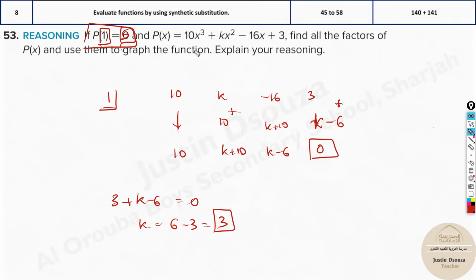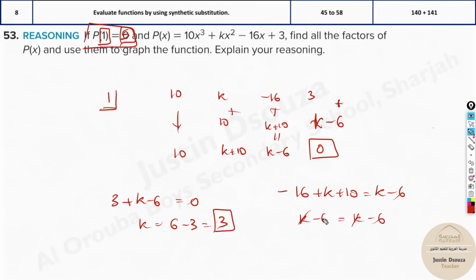This one. Now you can easily solve it in calculator. Over here, if you're thinking, okay, why don't I do this and this over here? Yes, let's try. Minus 16 plus k plus 10 must be equal to k minus 6. So now over here, let's solve this up. K minus 6 is equal to k minus 6.